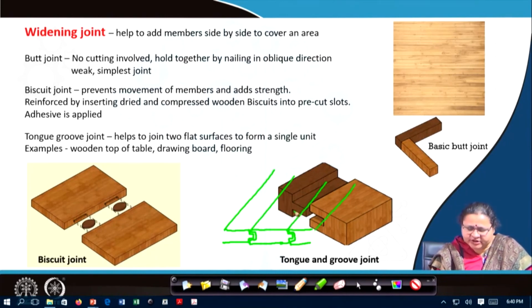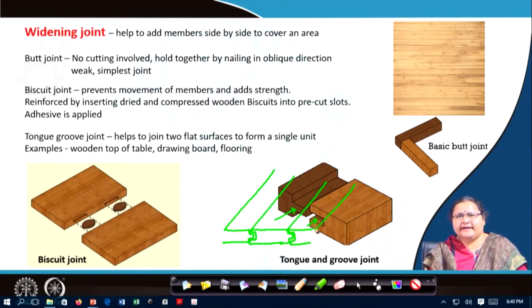This projection is called the tongue and this is the groove inside which one gets into the other and you get a uniform flat surface, that is what is called widening joint. So, you can get a continuous surface by putting one after the other through tongue and groove joint.